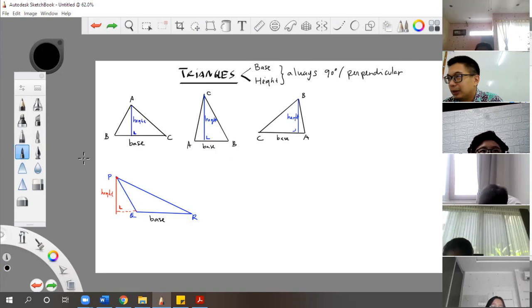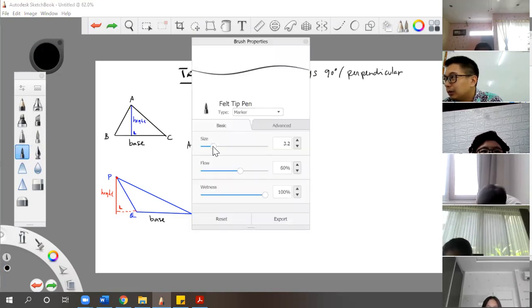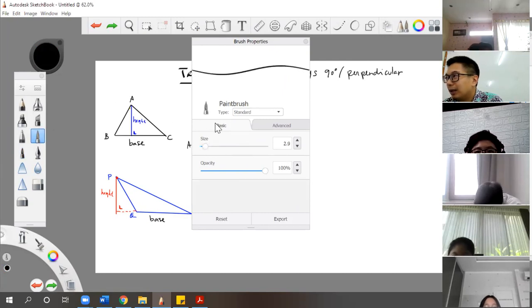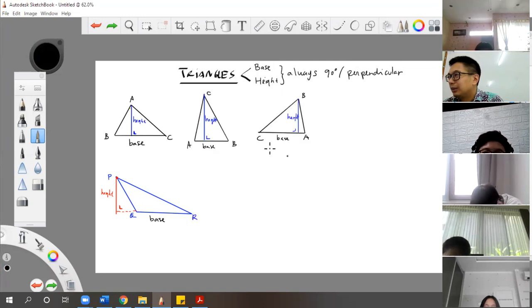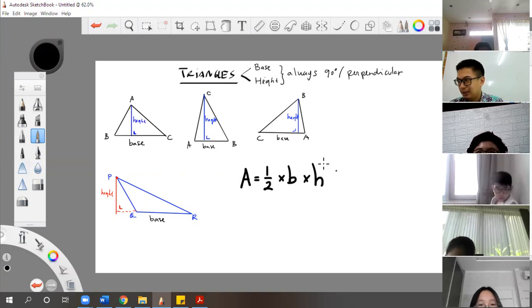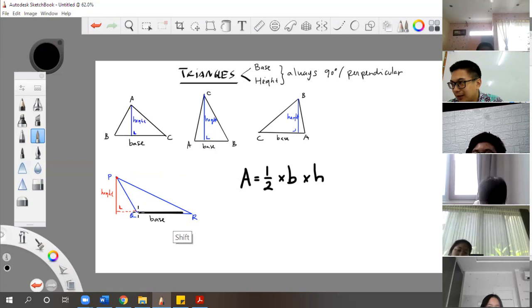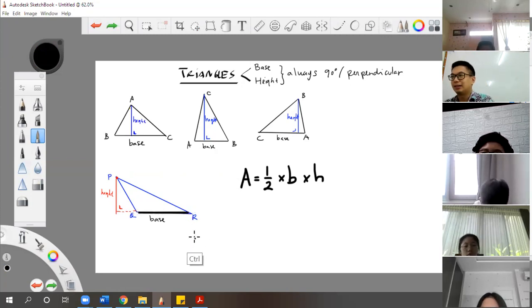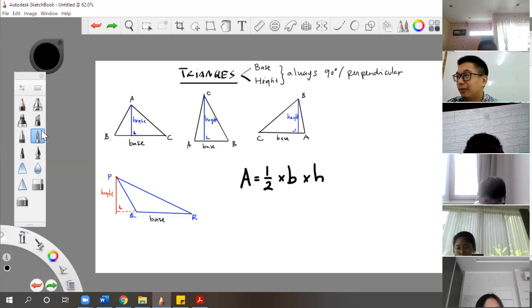There you go. Okay, so area equals half times base times height. Base and height are always perpendicular, and the base will be here, not extended. It just stays, so it's consistent. Okay, that's the formula of area.